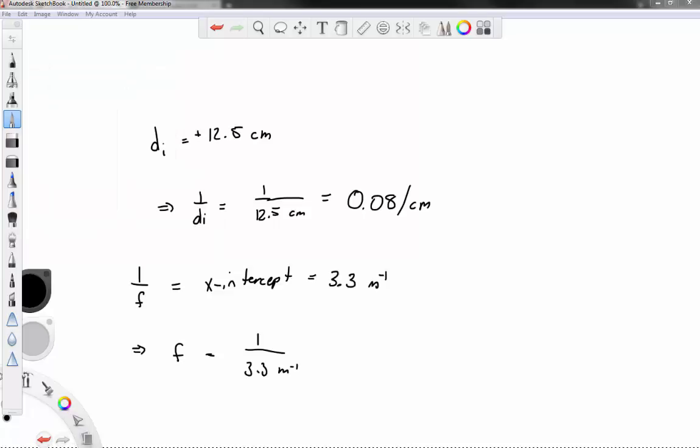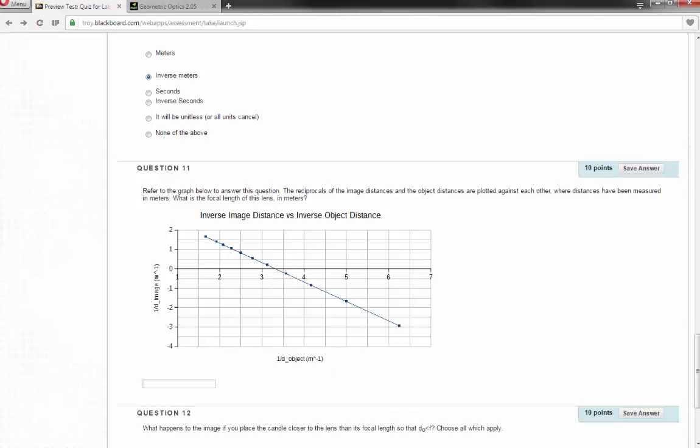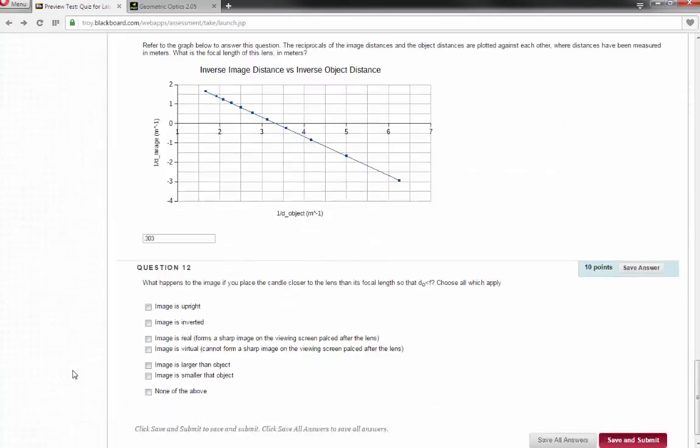And so the focal length must be approximately 0.303 meters. And the question asks for us to answer in meters, so it's sufficient at this point to just put 0.303 or whatever. In fact, the tolerance on this particular question is fairly large, I think. I think you can have like 0.30 if you wanted, and it should count it correct.